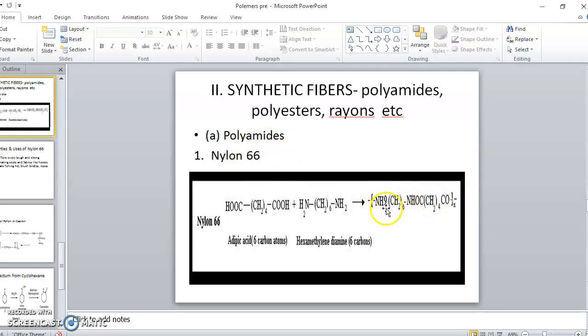It is NH2, no, NH2. Sorry, it's a mistake. NH hyphen, because from here a hydrogen is eliminated, and from here an OH group will be eliminated.